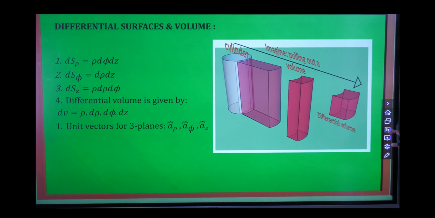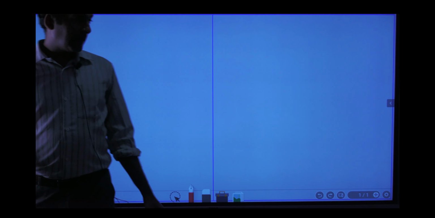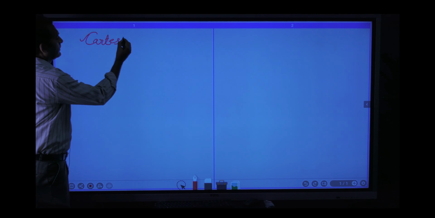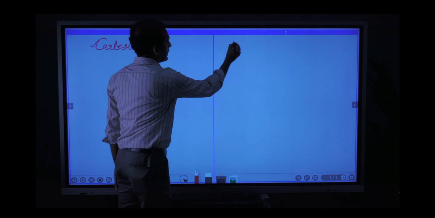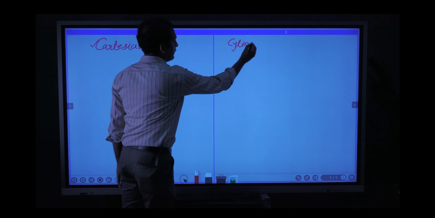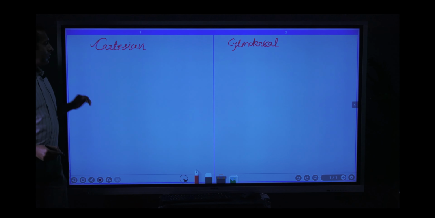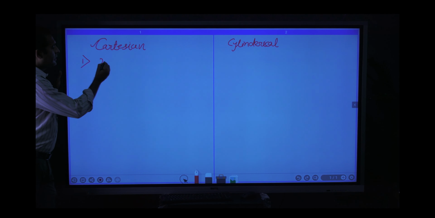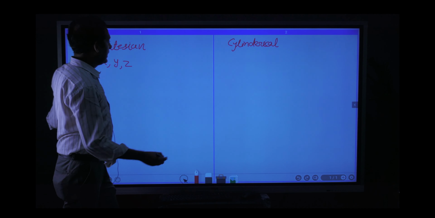Now let us explore the mathematical expressions here. We will compare with the Cartesian coordinate system. Say this column we will use for Cartesian and another column we will use for cylindrical. If we compare both of them, we can easily remember these terms. The first parameter we discussed is the points. In Cartesian there are three points, x, y and z. In cylindrical, what are the points?